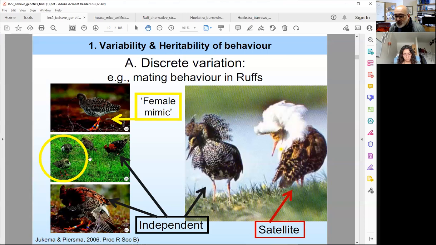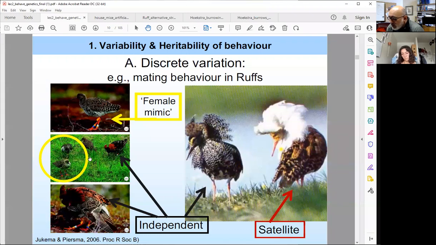That's because the other males don't recognize the female mimic as anything but another female. Anyway, these kinds of strategies, mating behaviors, are actually not uncommon. There are lots of species, for example, fish. There's a bluegill sunfish that has a similar pattern.